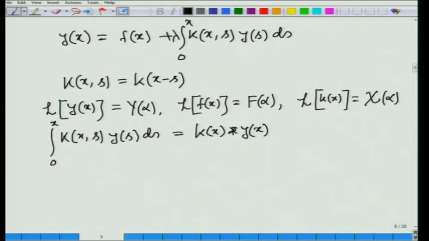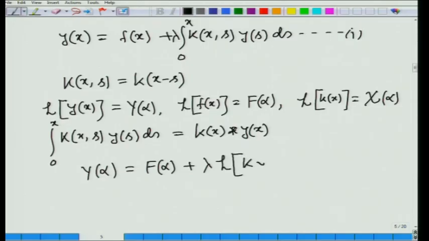So, taking the Laplace transform of this equation, call it 1, we get Y(alpha) equal to F(alpha) plus lambda times the Laplace transform of the convolution k star y.